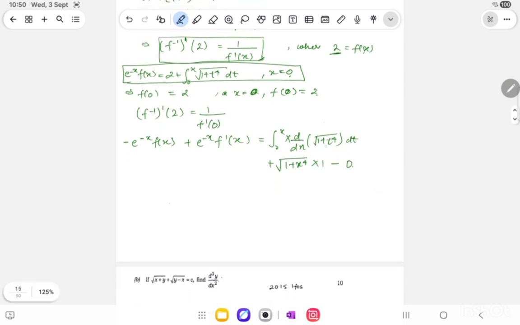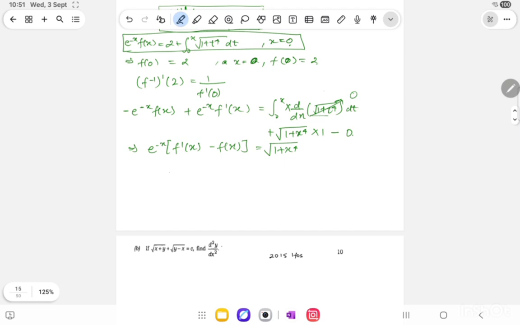And since there is no term involving x, this will be 0. So I got e raised minus x into f dash x minus f x is equal to under root 1 plus x raised 4. And I'm supposed to find the value of f dash 0.